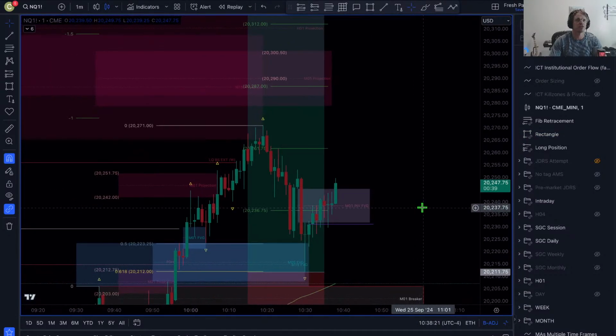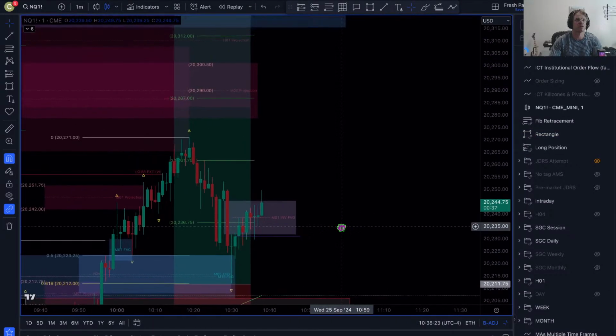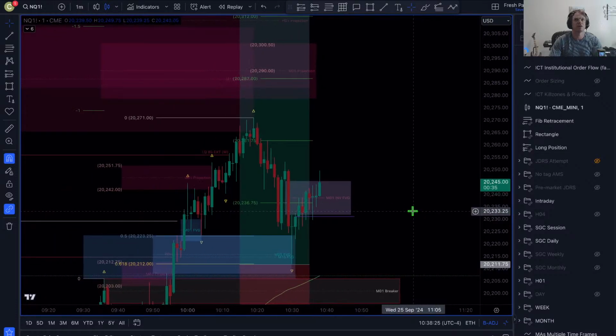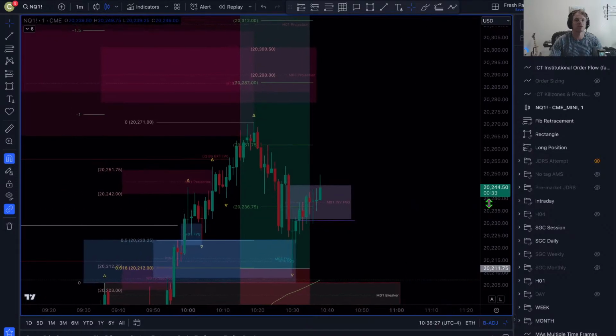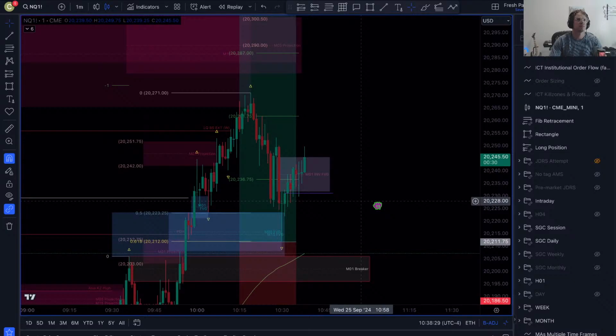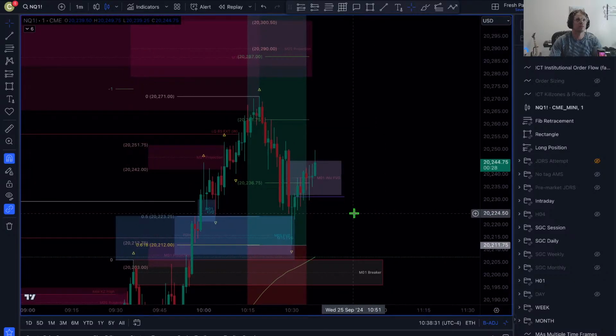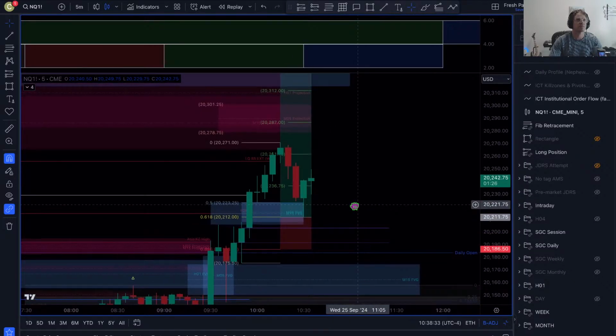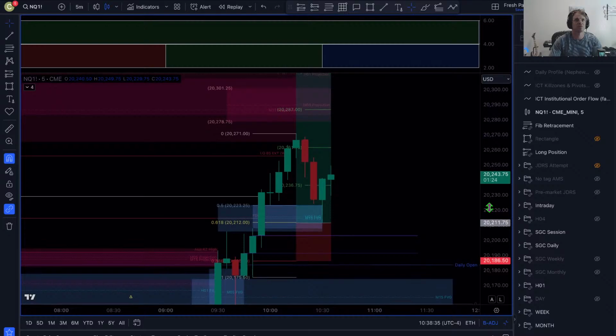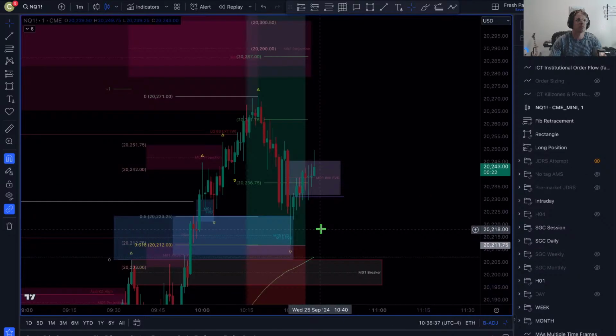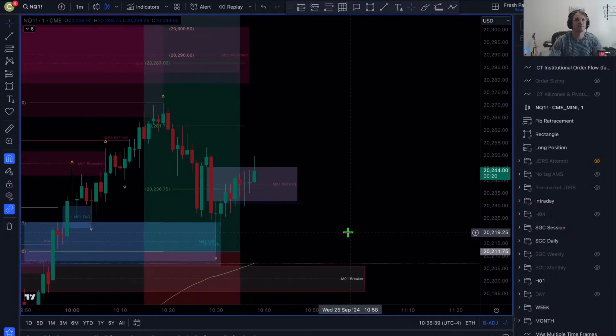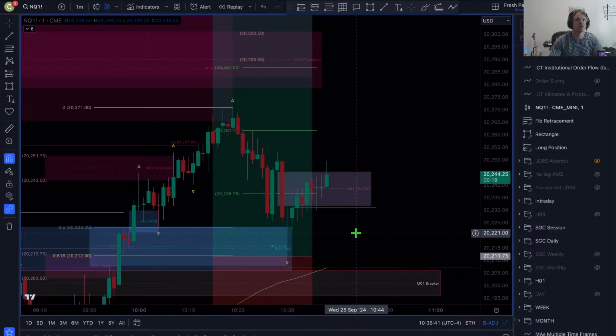So this push is good for taking the continuations out of here, but we'd have to close up. We've got 30 seconds to close still. I mean, M5's looking good too, but failure to close would call it off for me.